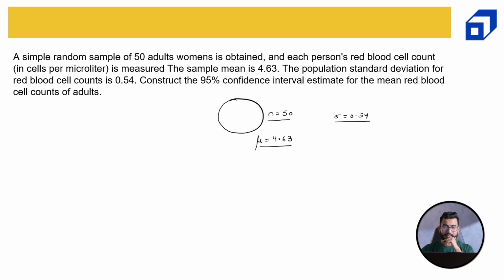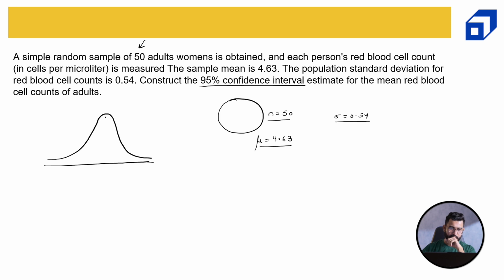Now I have to construct a 95% confidence interval estimate. We already know that a sampling distribution follows a normal distribution. This is my sampling distribution for this particular event.